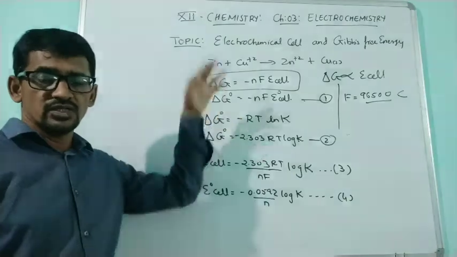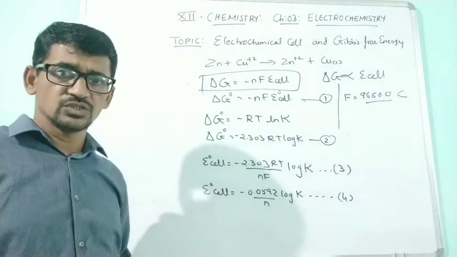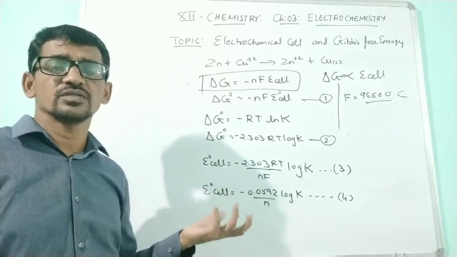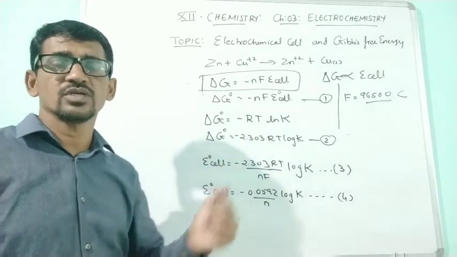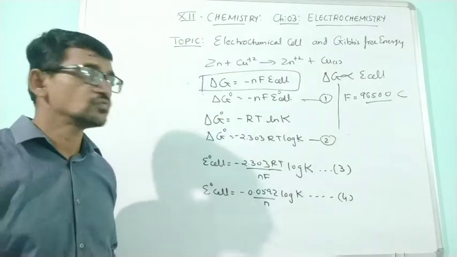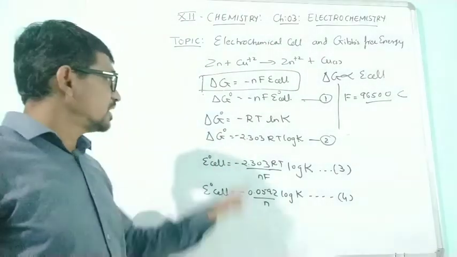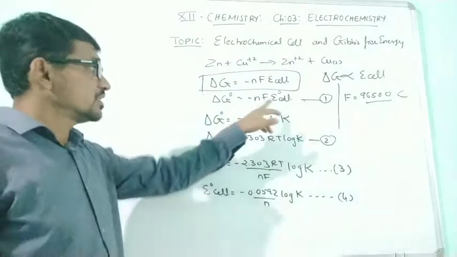If the cell is a standard cell, its concentration is 1 molar. For the anode the concentration is 1 molar, and for the cathode also 1 molar, and you take the temperature as 25 degrees. Then for that cell we can write E0 cell.